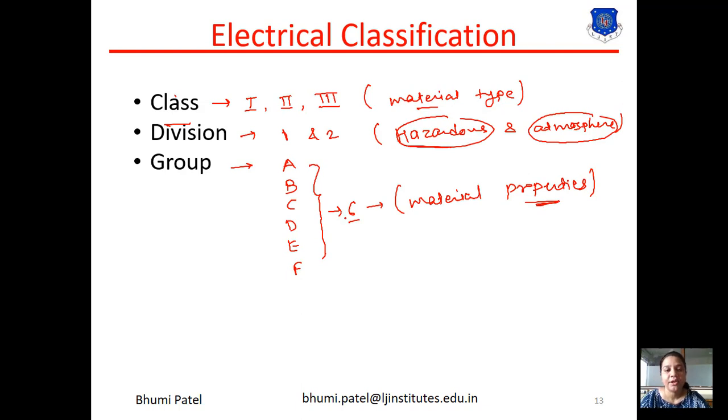Depending upon the instrument, we can divide the electrical classification into 3 types: class, division and group. So in today's session we have studied the different instrument power requirements, design criteria, the different communication systems used in the control panel, and the last one, electrical classification.